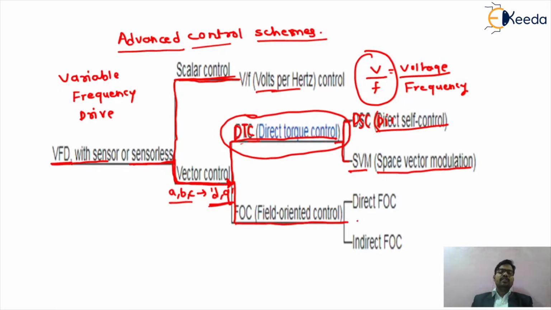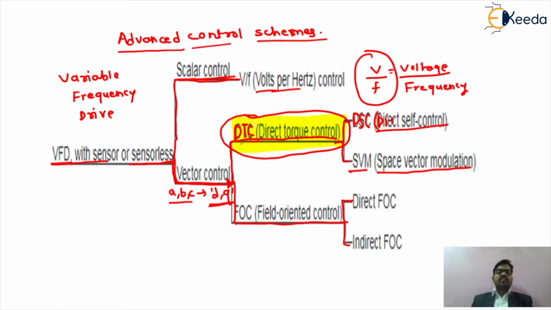FOC is again divided into two types: first, direct field oriented control, and second, indirect field oriented control. So friends, in this video we study in detail the vector control technique which is very popular in industry for induction motors, and this is called direct torque control.